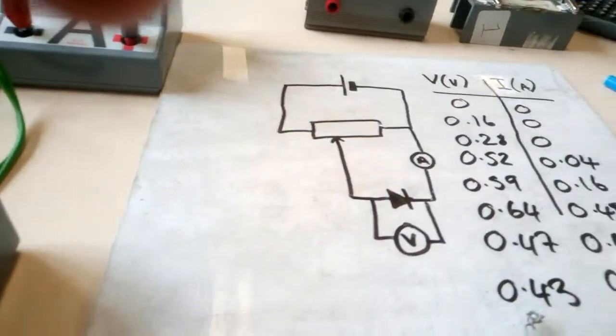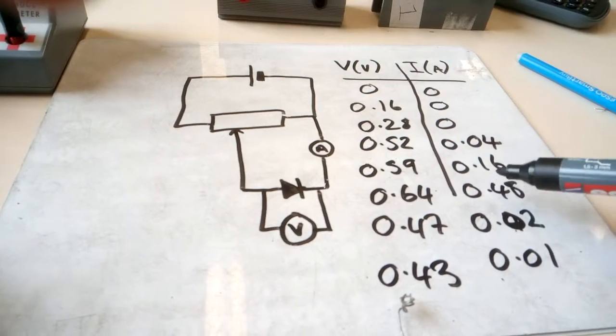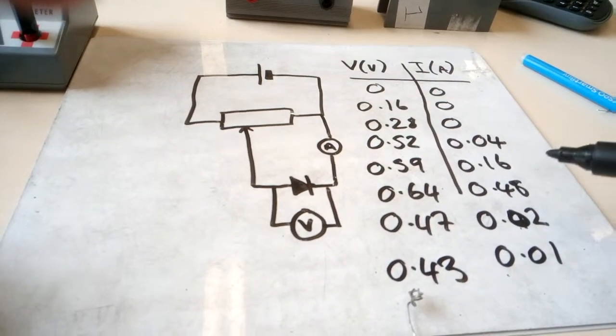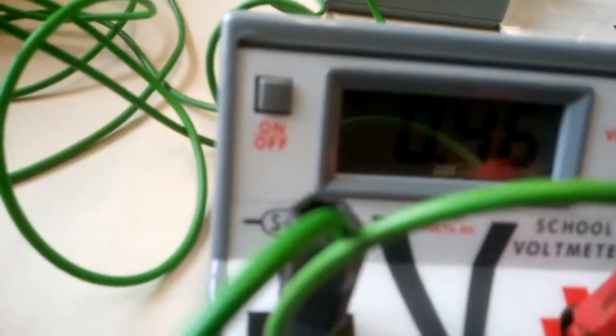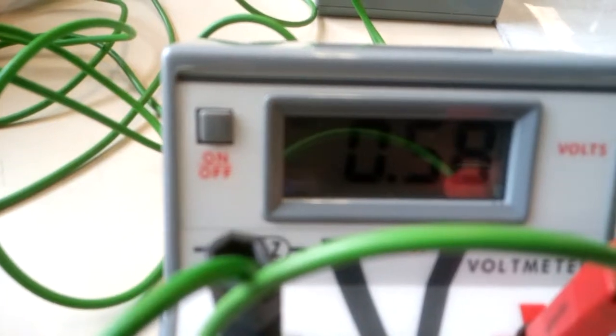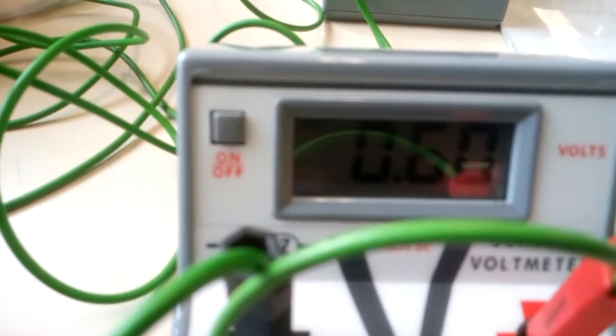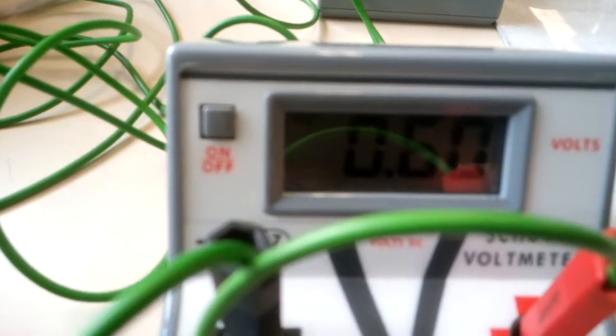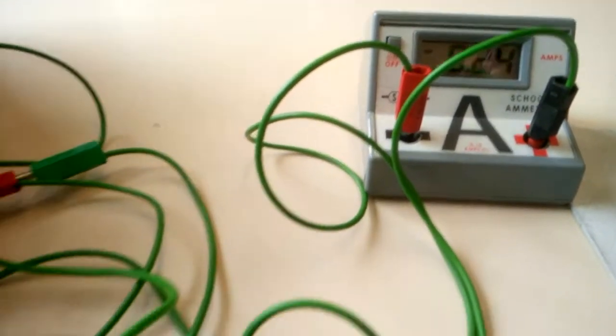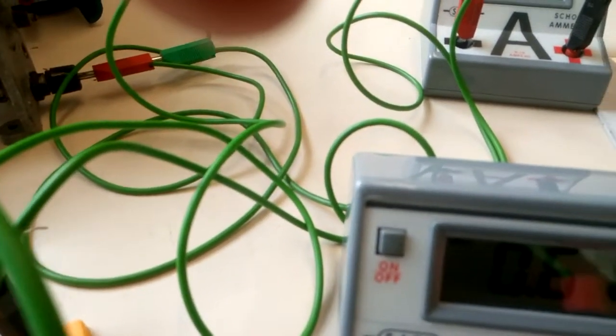Now, looking at these results, I want to get something in between the 0.16 and 0.48. So I want something between 0.59 and 0.64. 0.61 is 0.22.